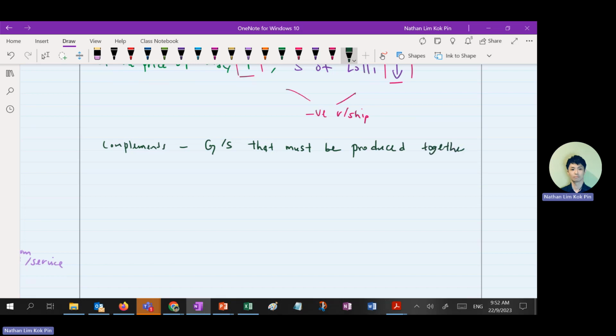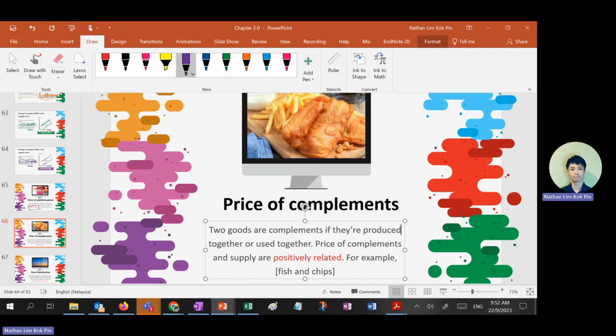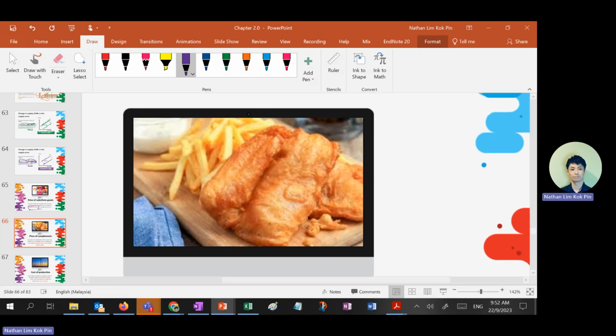Like my example here is fish and chips. Fish and chips must be produced together. If you order fish and chips and they only give you the chips, then that one is French fries, not fish and chips. If they give you the fish and never give the chips, you will complain also. So they must be produced together.